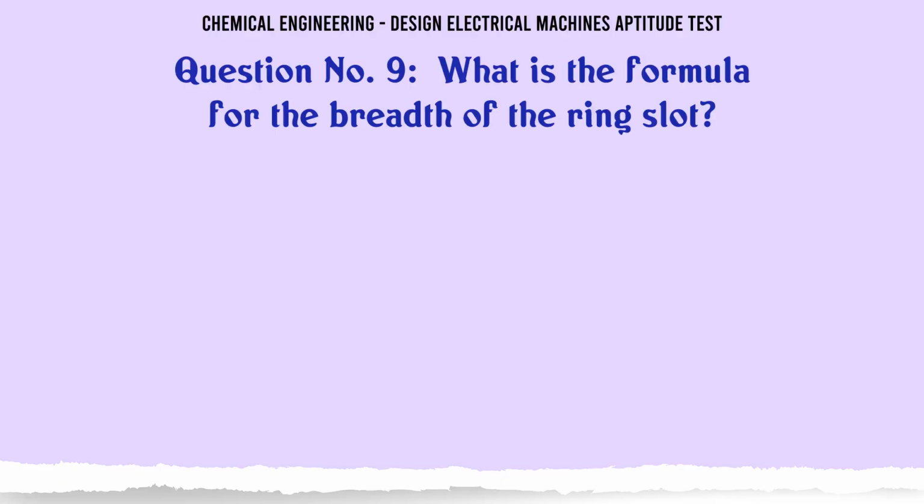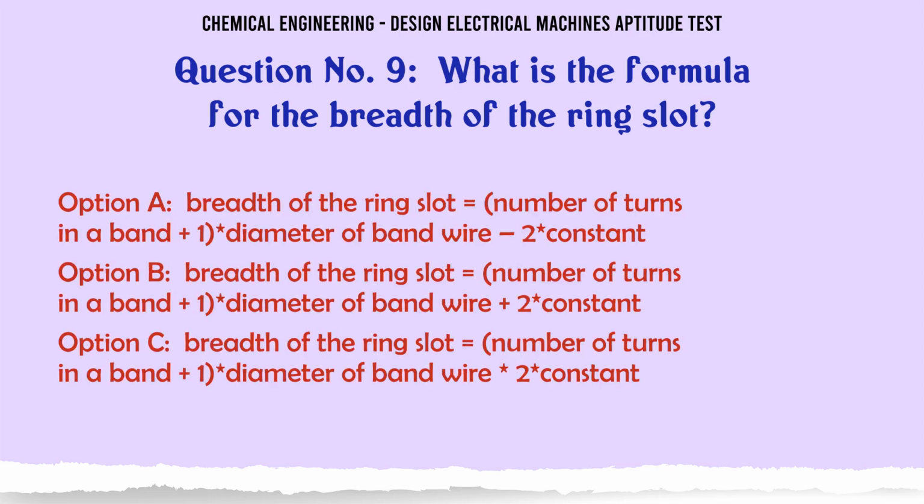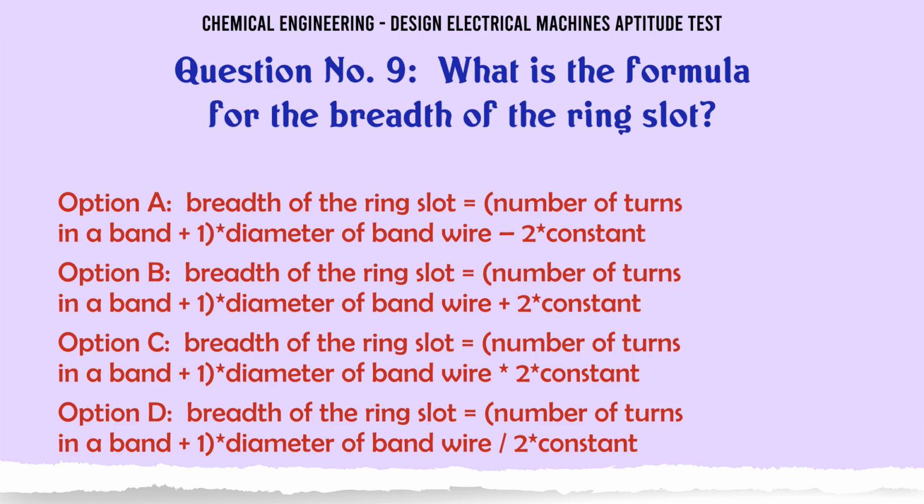What is the formula for the breadth of the ring slot? A. Breadth of the ring slot, number of turns in a band 1, diameter of band wire 2, constant. B. Breadth of the ring slot, number of turns in a band 1, diameter of band wire 2, constant. C. Breadth of the ring slot, number of turns in a band 1, diameter of band wire 2, constant.